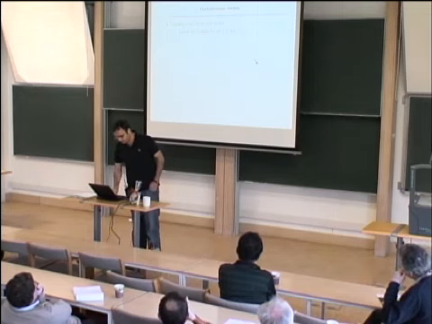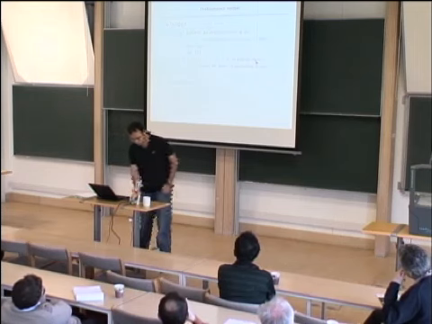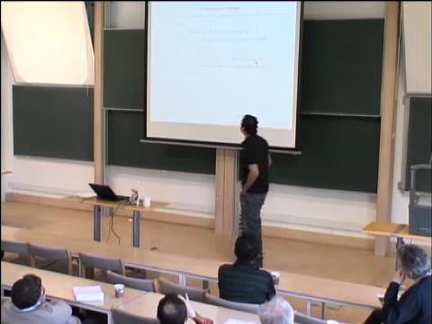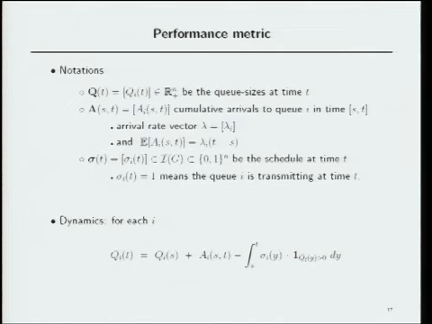All right. Here's a bit of notation just to keep us grounded. The vector of Qs is represented by bold Q. Qs evolve as follows. It's the natural evolution that Q at time t is what you had at time s in the past, plus what arrivals happened, minus what departures happened as per the scheduling algorithm.